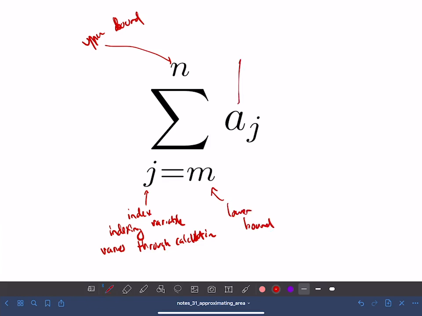And then a sub j, this whole thing, are the values we're adding up. In this notation, we don't say where you get your a sub j's from. We're just saying there are a sub j's and you're going to go get them. A sub j, where sub is short for subscript, is how we narrate that.